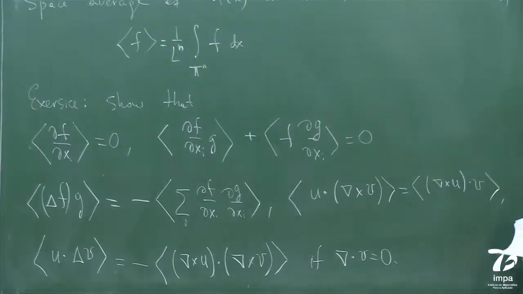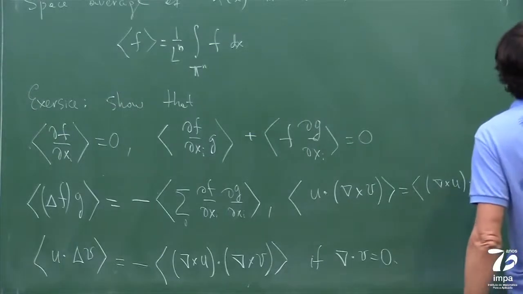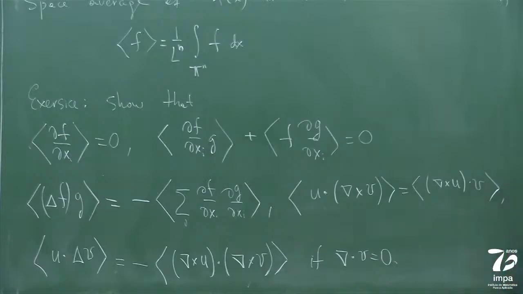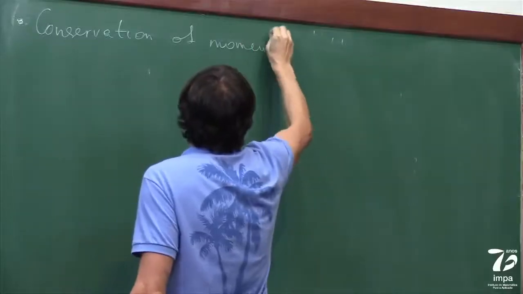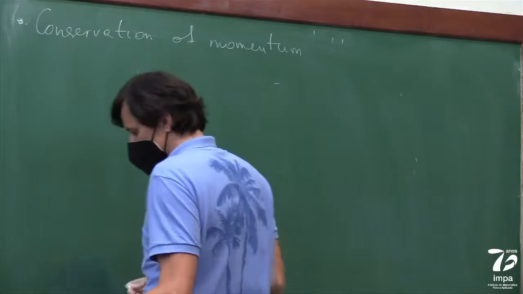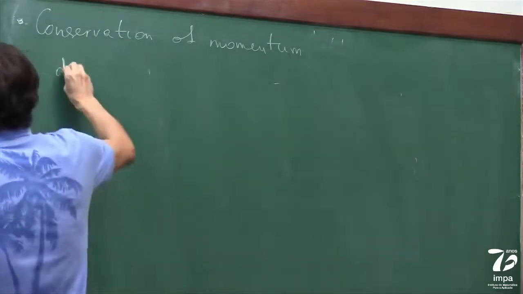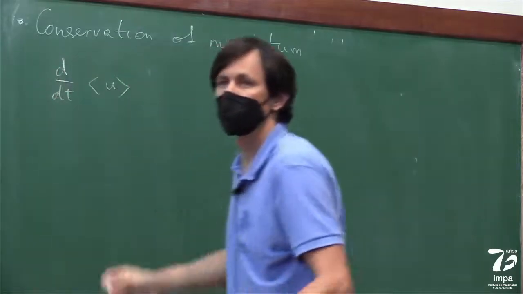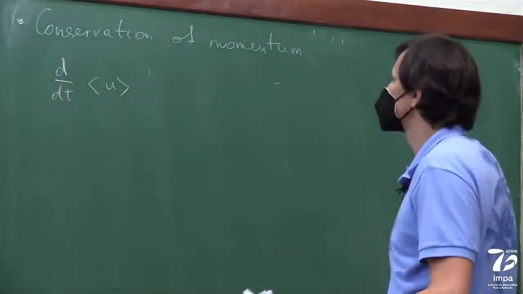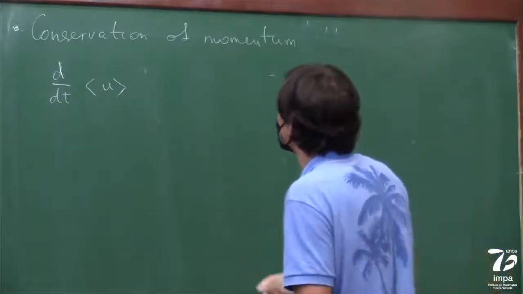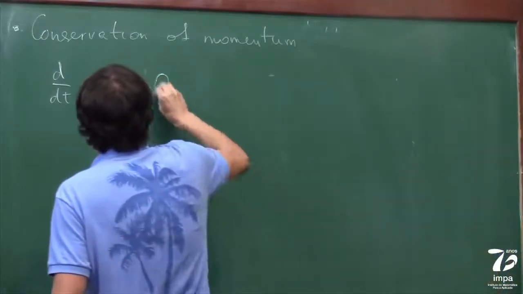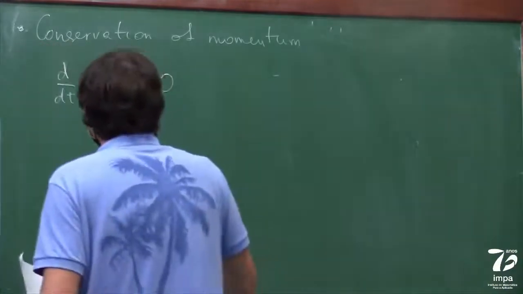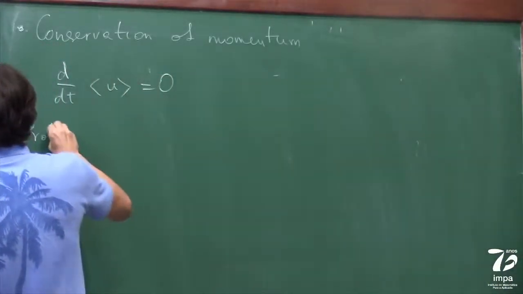So the first conservation law is the conservation of momentum. This is simply the fact that the average speed of the full flow does not change in the periodic cube. So let's directly prove it.